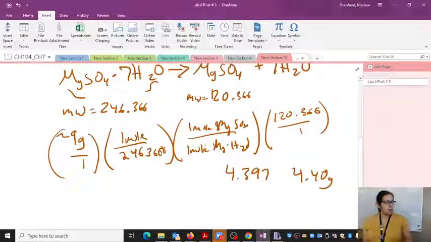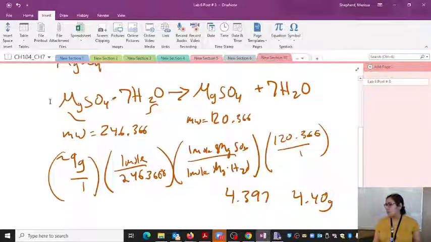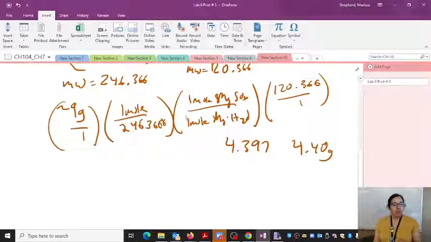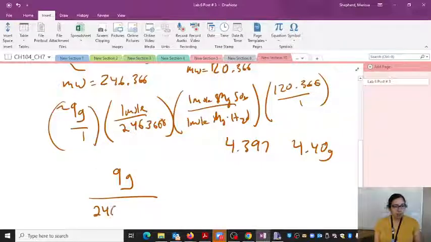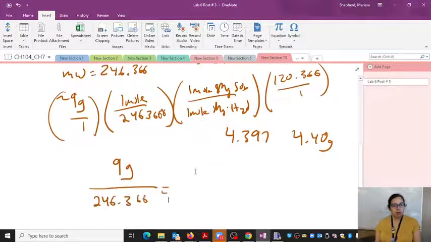But the other way that I want people to start seeing, and maybe it'll become more apparent as we do more practice, is that we can tell they're in a 1-to-1 ratio. So we could skip ahead and say, I know I have 9 grams of this compound that weighs 246.366 or whatever. Since they're in a 1-to-1 ratio, I can skip this, and I know that the molecular weight of my anhydrous is 120.366.